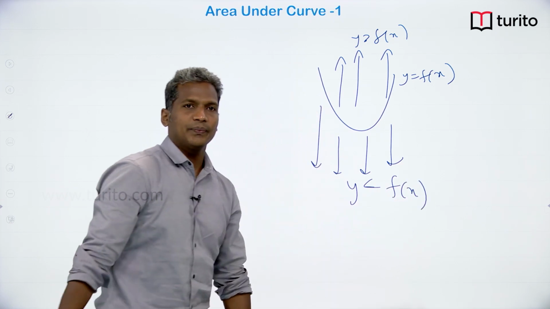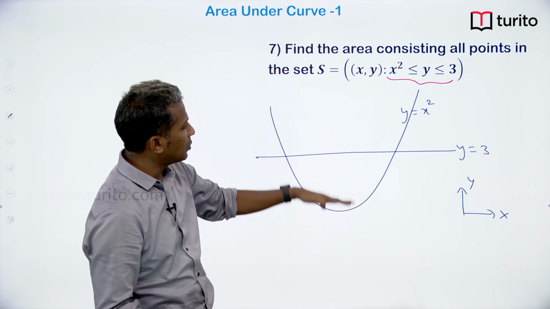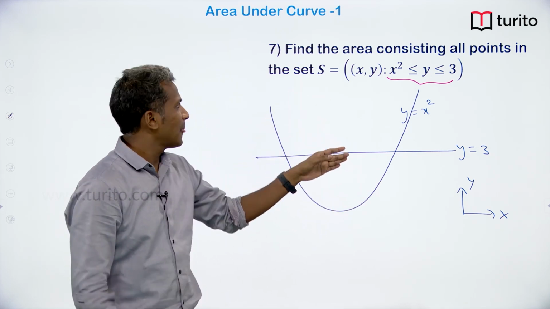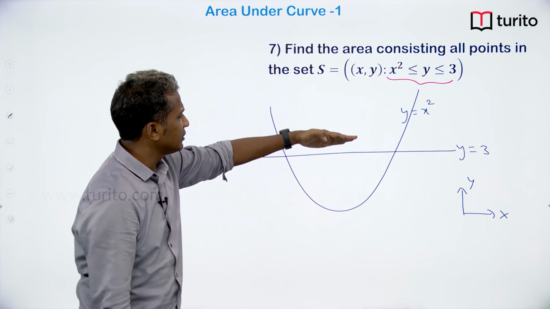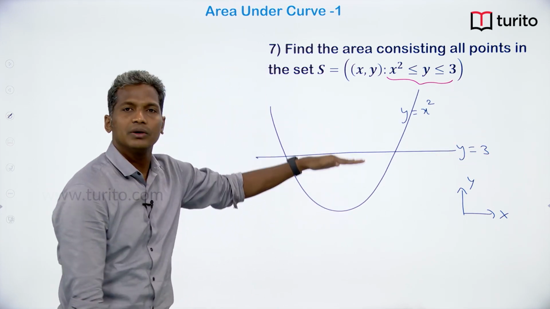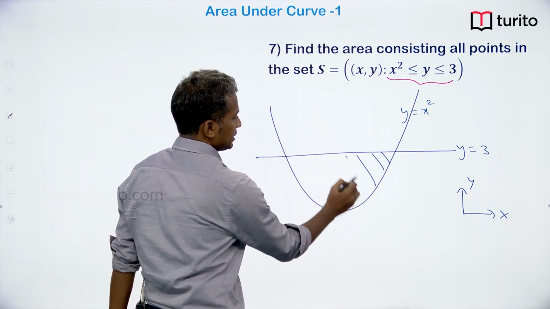You know this idea. So we are basically interested in the region above the curve y equal to x square, and y also must be less than or equal to 3, that means we are interested in the region below y equal to 3. So we are basically interested in this region.